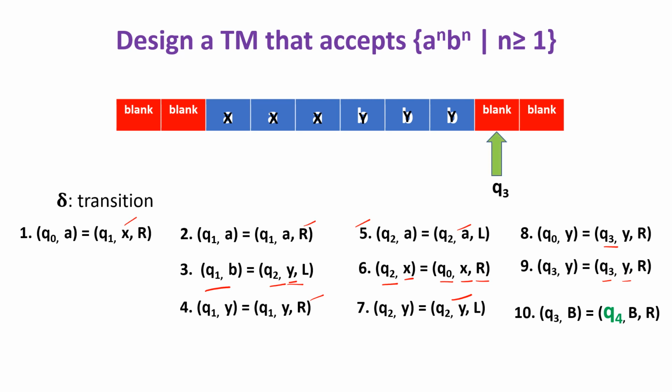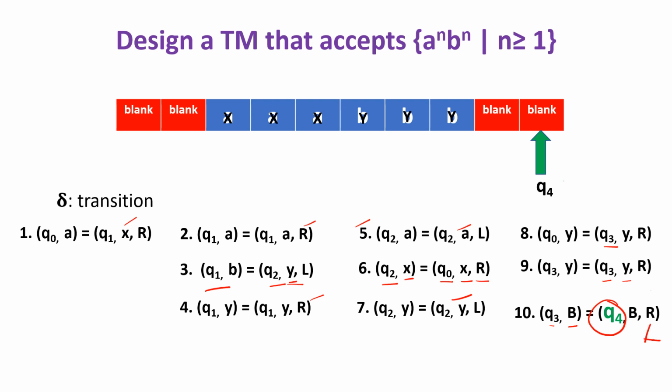So once we come across Q3 and the tape symbol is a blank, then go to a new state which is a final state. Keep blank as it is and either you can move towards the right or towards the left.